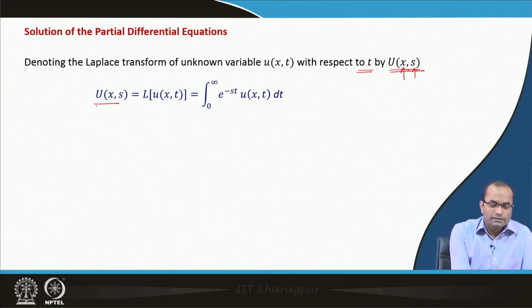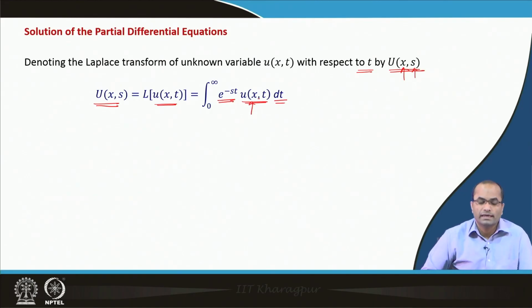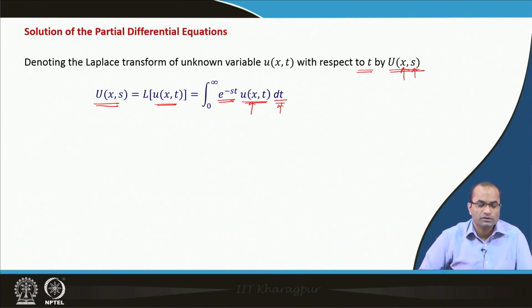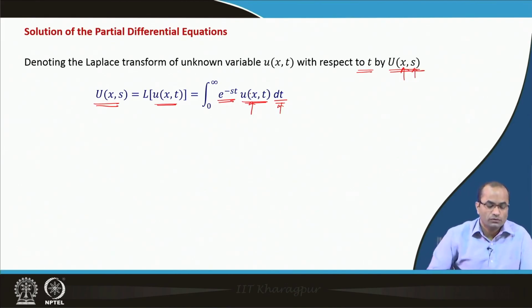So, this u x s, the Laplace transform of u x t is defined as 0 to infinity e power minus s t u x t d t. So, here this x will be treated as constant and we are integrating over t, and finally, we are introducing this s into this transformed unknowns.